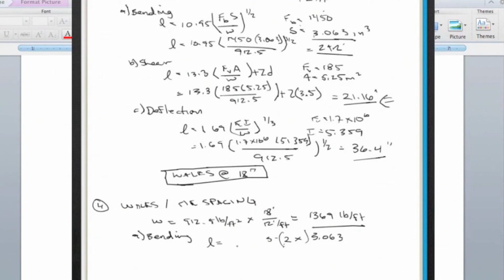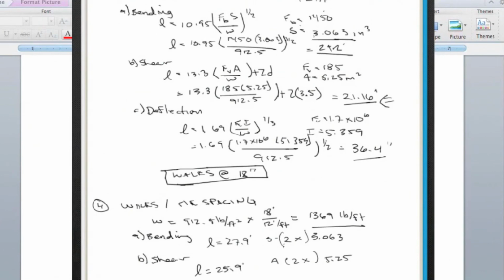Okay, but that spacing that we end up with is 27.9. Okay, shear, we're going to use for shear an area of 2 times 5.25. So we get a spacing for shear of 25.9.